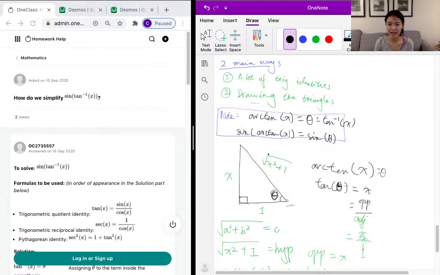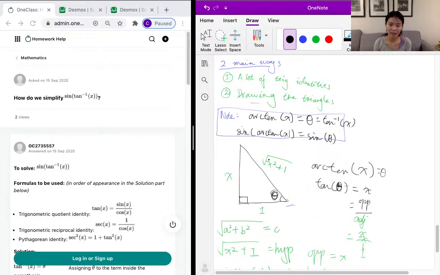Then we want to find the hypotenuse of the triangle, because we're trying to find sine ultimately, and sine is opposite over hypotenuse, so we need the hypotenuse. We use the Pythagorean theorem, a squared plus b squared equals c squared, a simple calculation.